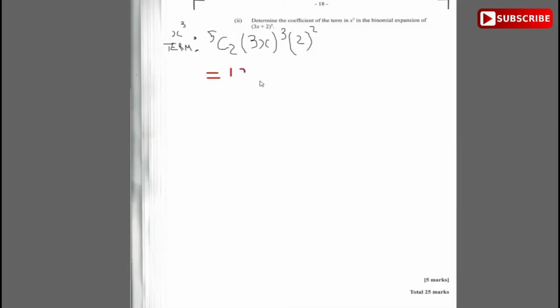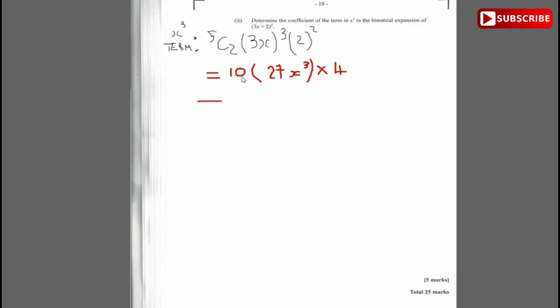Then we have (3x) cubed. 3 cubed is 27, so we'll get 27x cubed. And then 2 squared is 4.